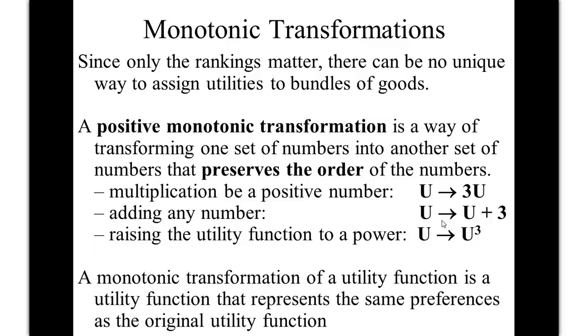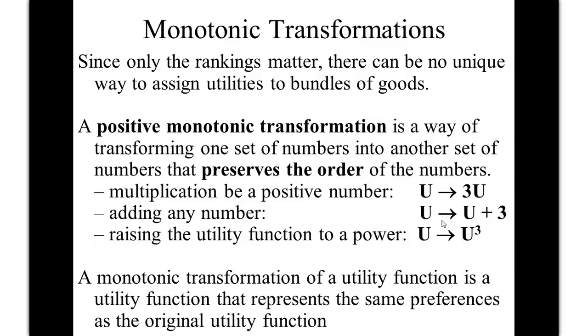So whether you rank 4 versus 6 or 12 versus 18, the outcome is exactly the same. If you did that for a firm, if you took their profit function and multiplied it by 3 and said, sure, it's only the order that matters, well, then clearly your profit function would be entirely skewed. You'd be telling the firm they could make 3 times more profit, when in fact they couldn't. All you've done is multiply their profit function by 3.